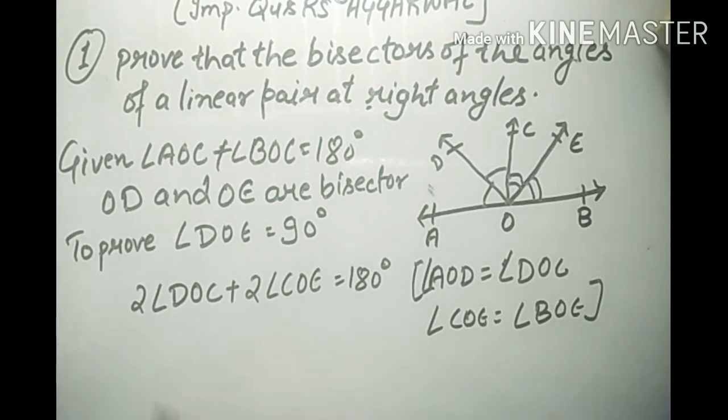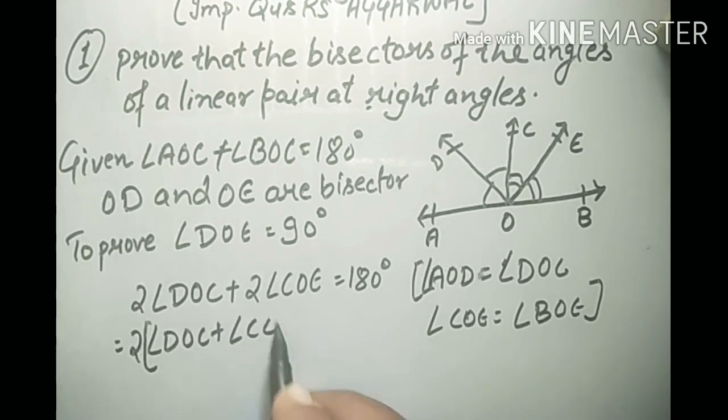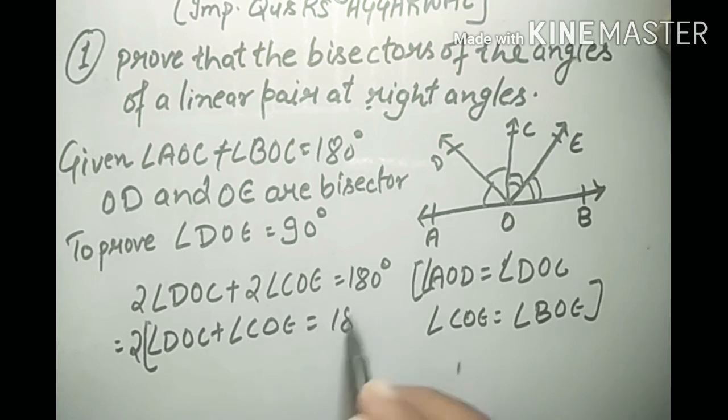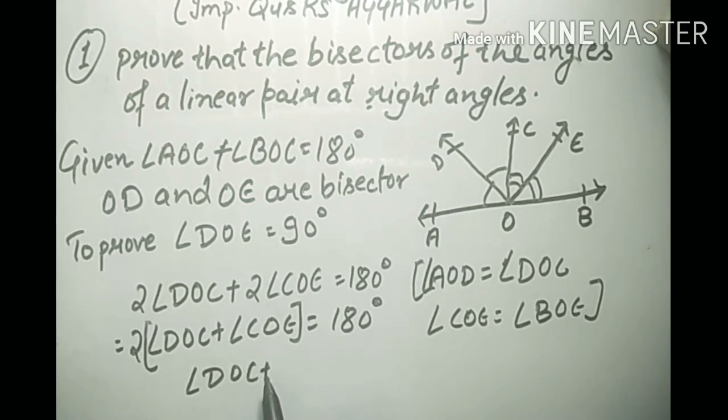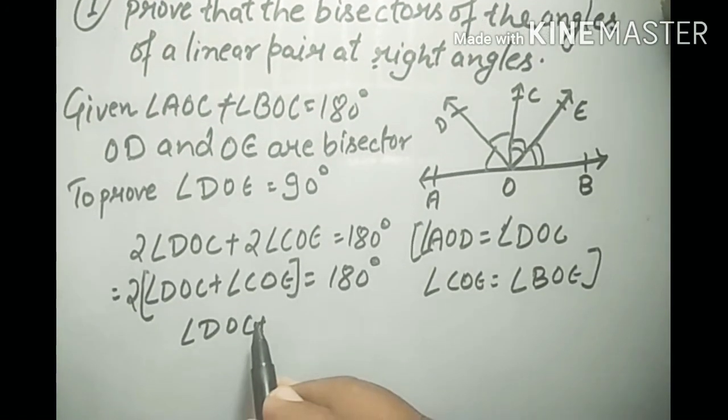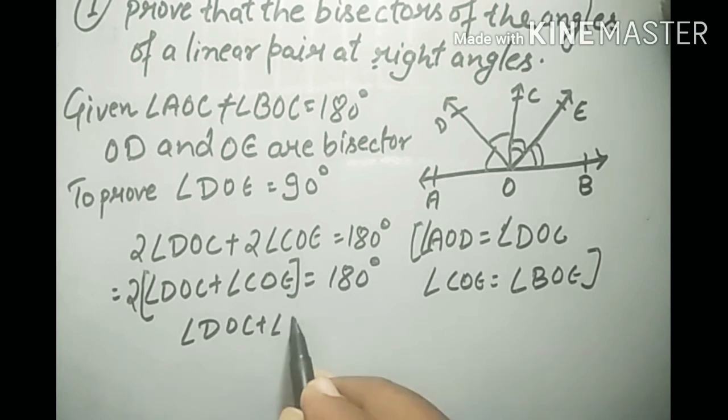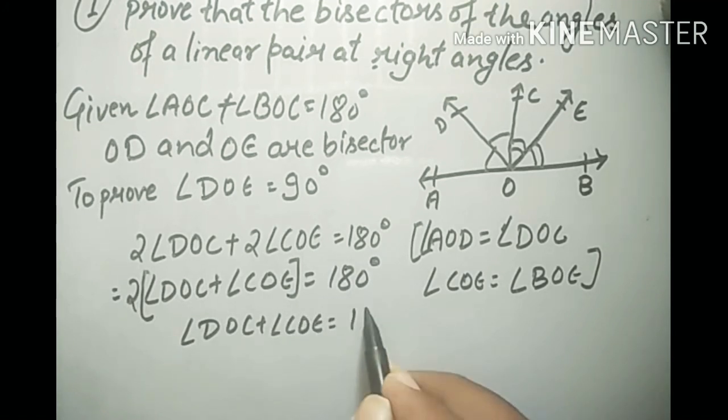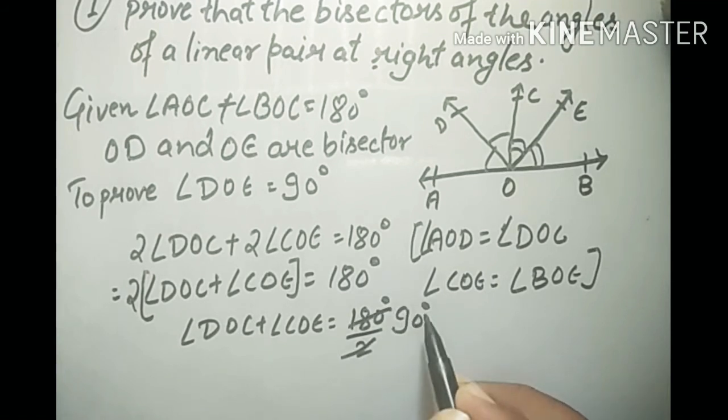Okay, so taking 2 as common, angle DOC plus angle COE is equal to 180 degrees upon 2, which is equal to 90 degrees.